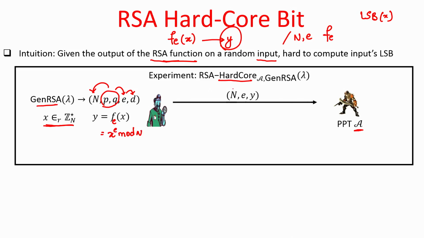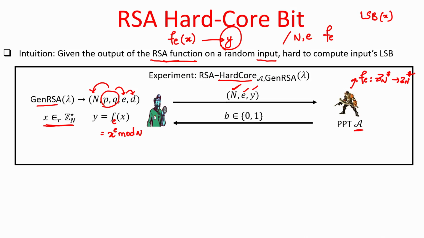So, he gives the adversary, the algorithm who wants to compute the hardcore bit, the modulus, the public exponent, and the output y. This adversary knows that f sub e is a function from Z n star to Z n star. He knows that detail, and he also knows how x would have been converted into y, but he does not know the value of x. X is not given to him. Now, his goal is to come up with the LSB of x in polynomial amount of time.